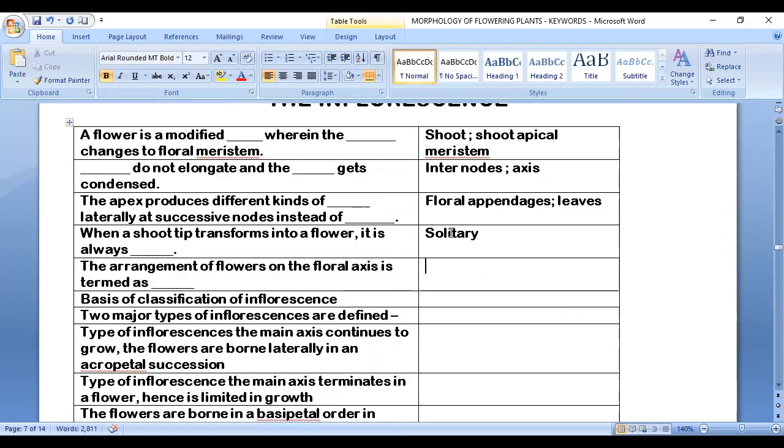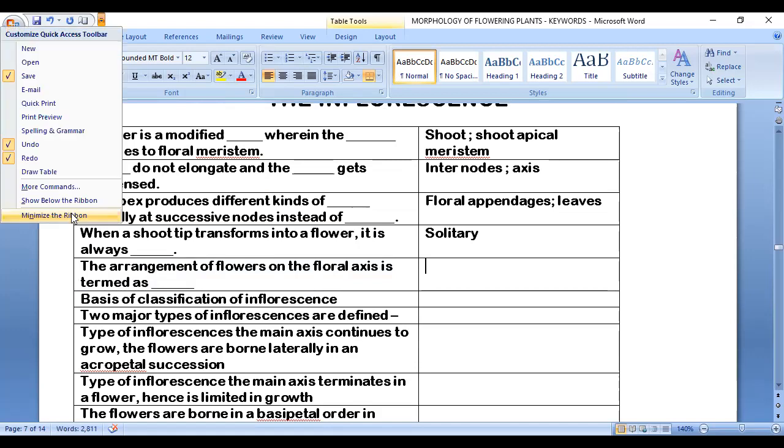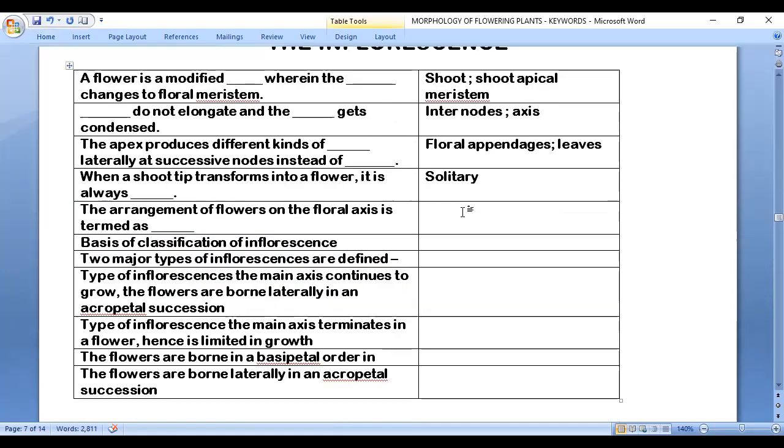The arrangement of flowers on the floral axis is termed inflorescence.